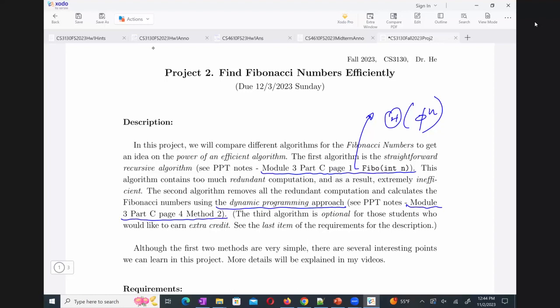Even a supercomputer cannot run this algorithm well. Exponentially slow. Have you heard of the traveling salesperson problem? A very famous problem, TSP.